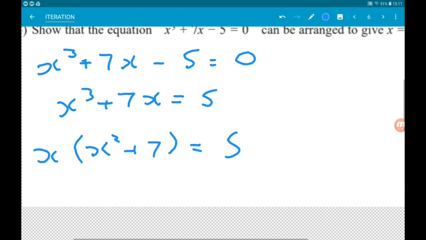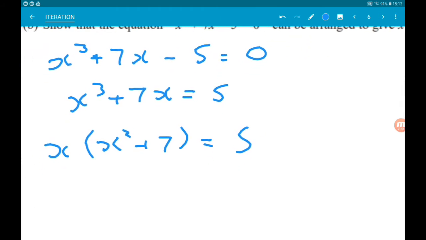We then divide through by the bracket and we get x does indeed equal 5 over x squared add 7. So that is where our iteration formula comes from.